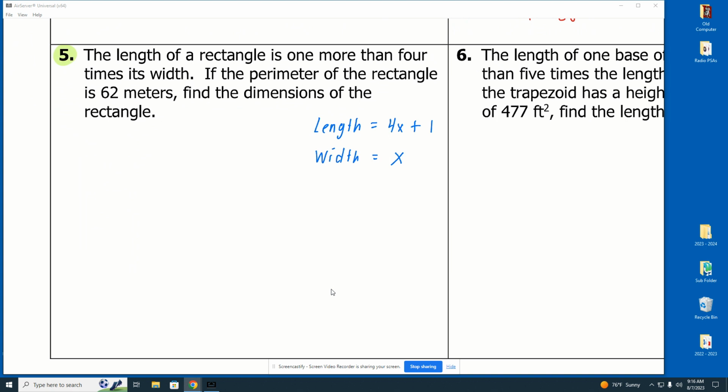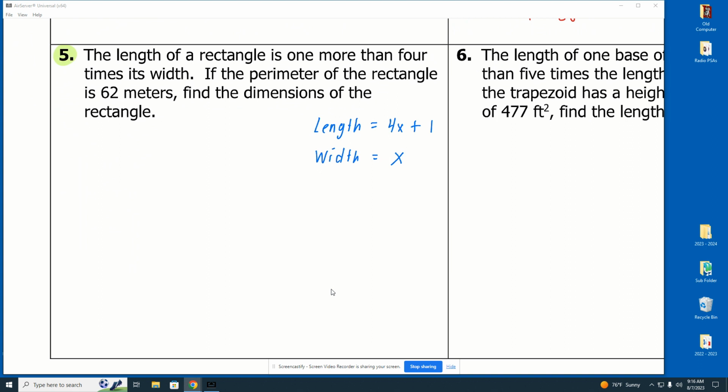It doesn't matter. We generally put the variable first, but it doesn't matter because it's adding, and order doesn't matter when you add. So you have 2 options. Now that you know you've got these defined, you can write your equation, or you can just add up all 4 sides. 2 of those sides being 4x plus 1s, and 2 of those sides being x.